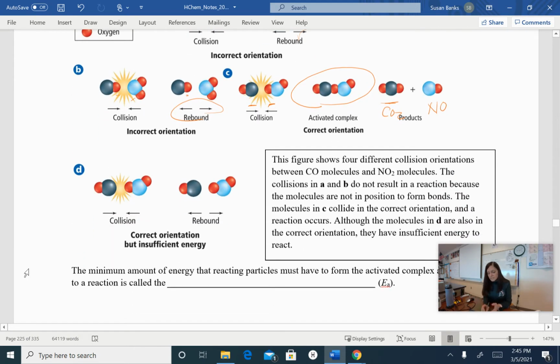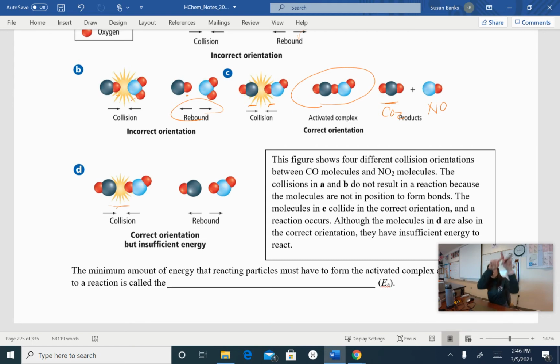Even if I have the correct orientation, if that collision is not full of enough energy, it's just going to bounce off. Think about this. How many of you guys, when you were little kids, played with Hot Wheels cars? How many of you guys created that track where you had to do that loop-de-loop? Like it came down and you loop-de-looped it.